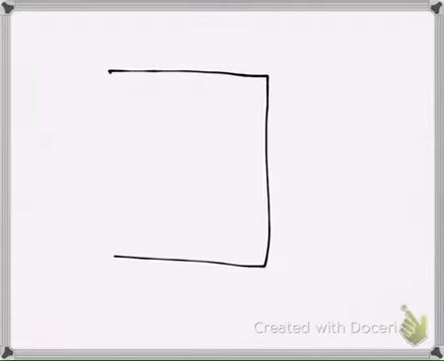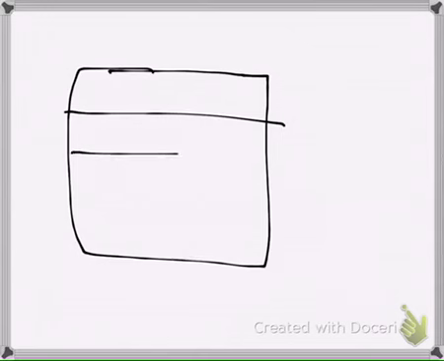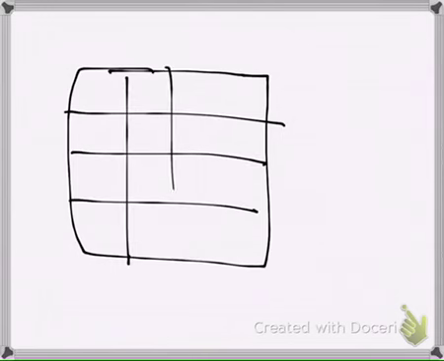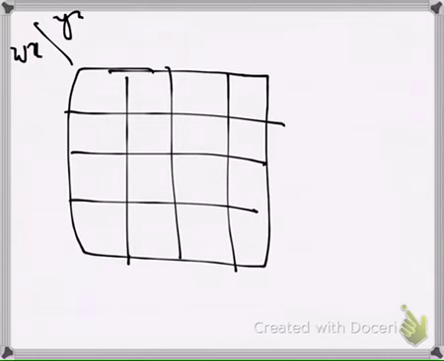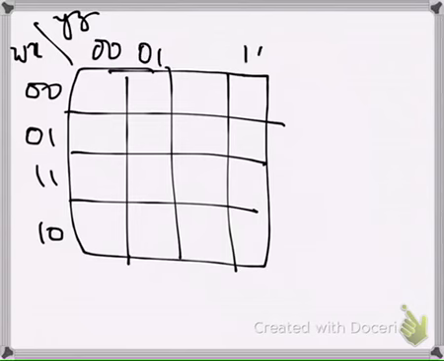So let us draw the Karnaugh map for this. So 4 variables, w, x, y and z. So w, x here, y, z here, 0, 0, 0, 1, 1, 0, 1, 1. So I have a 1 here, a 1 here, a 1 here, 1, 1. Where do I have zeros?